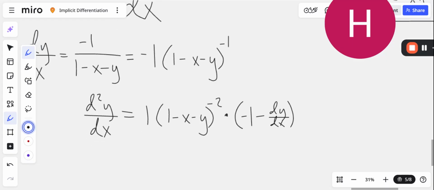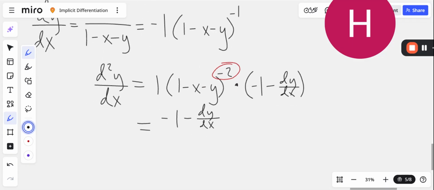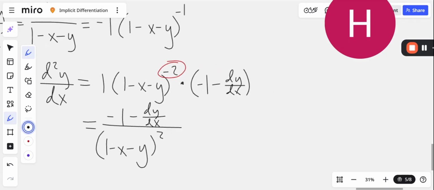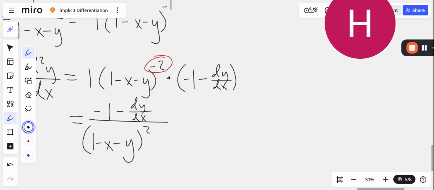And what does a negative 2 power do? That puts things on the bottom. So we write this as negative 1 minus dy dx. And what I should have written in the question, actually sort of bad on me that I didn't do this. So if you didn't fully express this, that's okay. It was kind of my fault. I want you to express this just in terms of x and y.